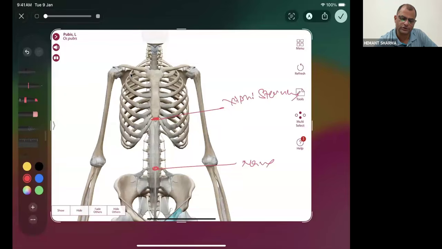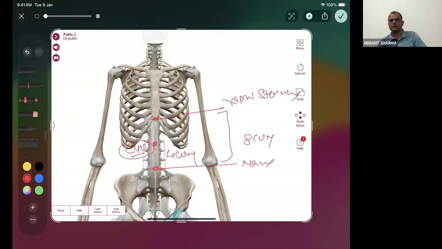The total distance of this part is 8 chu, and the midpoint will be at the 4 chu. Midpoint is CV12. जो midpoint होगा वो CV12 होगा. Got it?